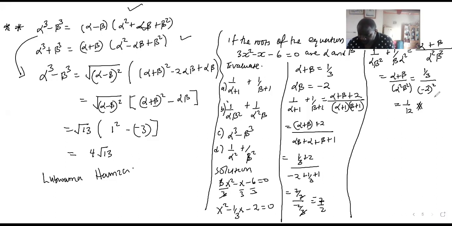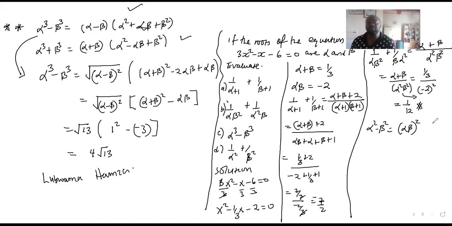No, teacher, pardon, the second last step. How did I introduce this one? Yes, teacher. Alpha squared times beta squared is the same as alpha times beta, but the whole of it is what? Is that okay?